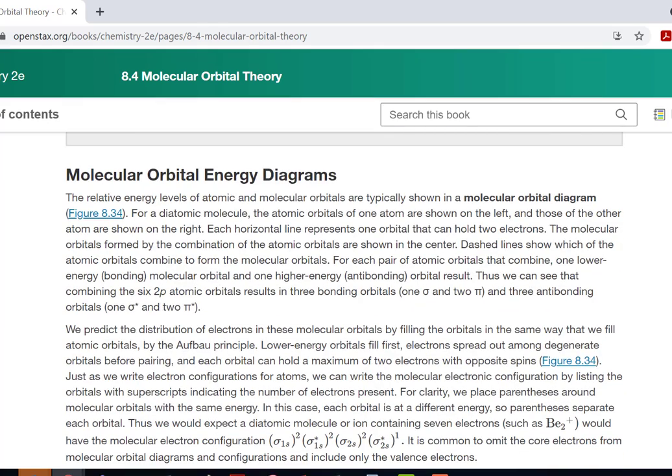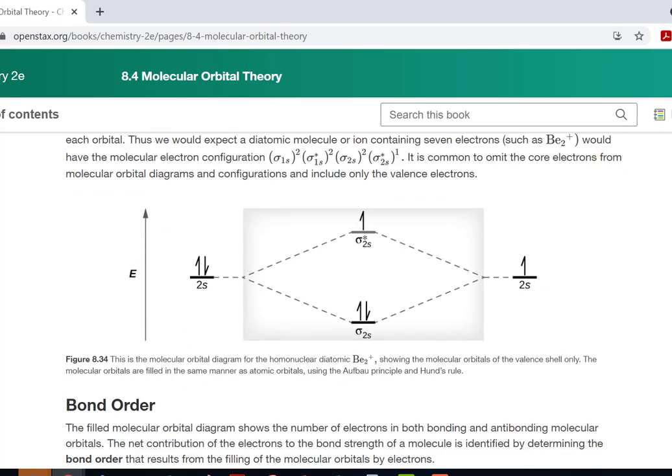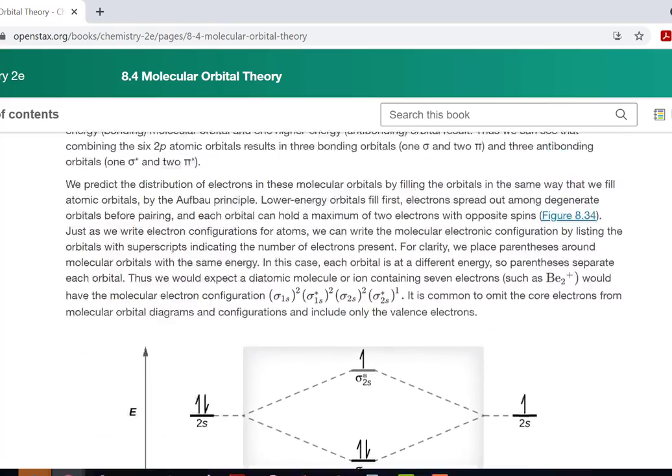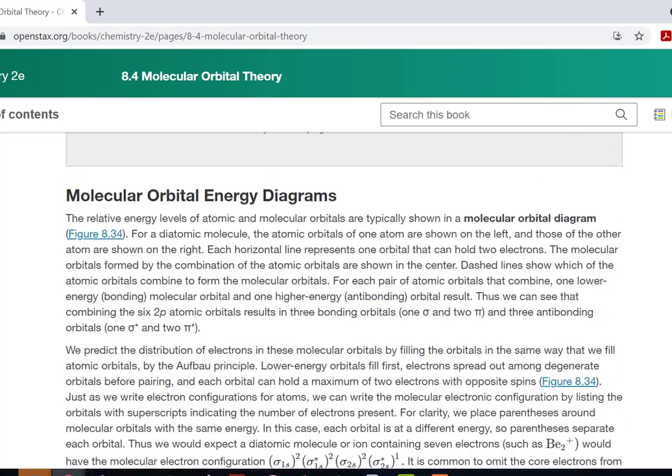Okay, so I think that's as much as we need to go with this idea. You want to understand molecular orbitals in terms of the general concept of sharing throughout the molecule, the fact that you have these opposite signs going on, antibonding and bonding possibilities as a way of describing it. This gets into the details of drawing the electron configurations for these, which is something I think we can hold off on.